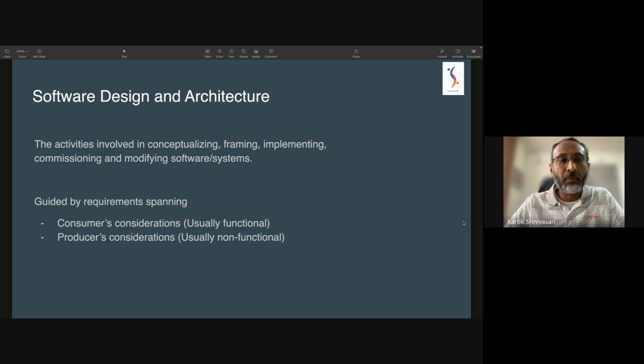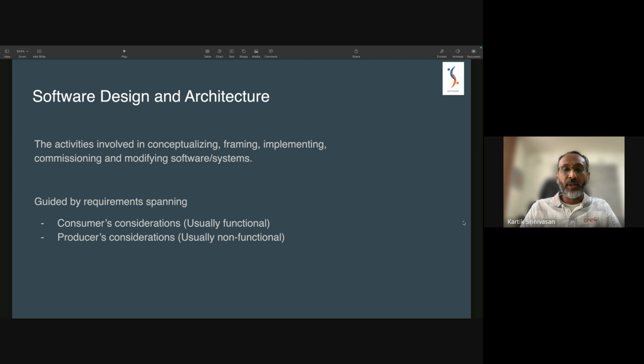And we had spoken about requirements and how some of the requirements for software actually contribute to both design and architecture, right? So, really speaking, what design and architecture in software are is essentially activities that you are involved in when you are trying to conceptualize, frame, commission, decommission sometimes, modifying software systems, etc., depending on the need of the software, right?